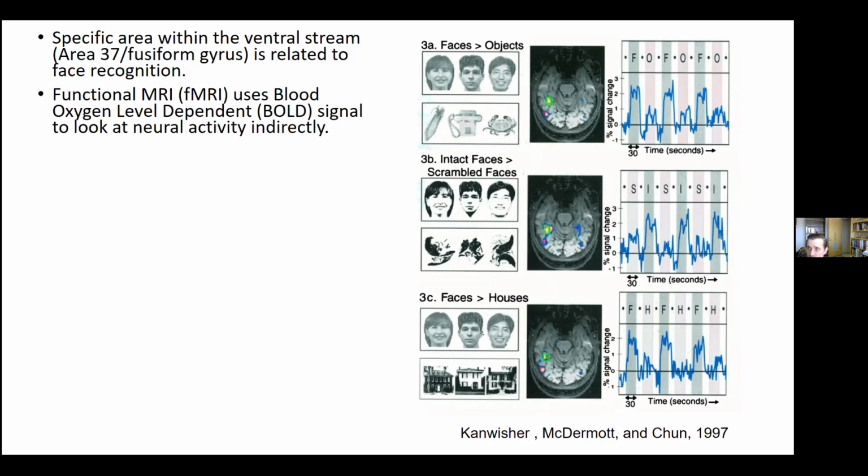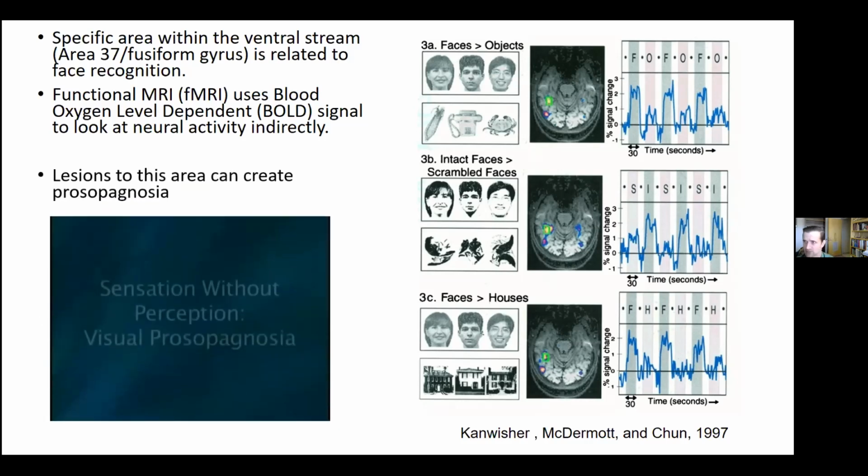And so we have figured out that this is where we have our ability to recognize people's faces and all the detail of people's faces. So lesions to this area can actually create what's called prosopagnosia. It's really interesting, so watch this video. This lady cannot recognize her own mother's face. She can't even recognize her own face when she's shown a picture of herself because she's had a lesion to this area.